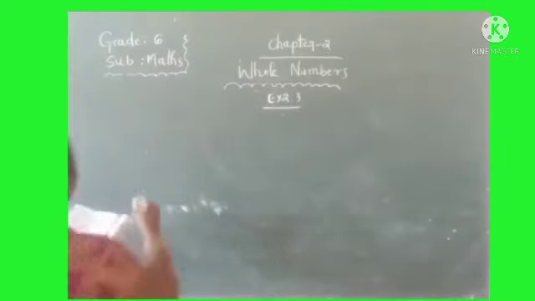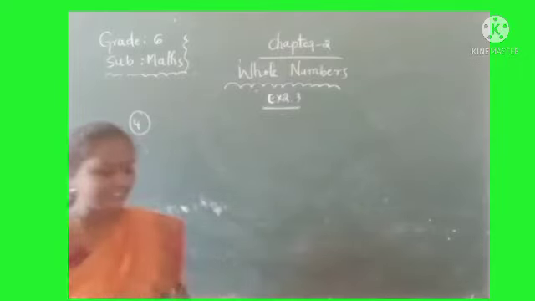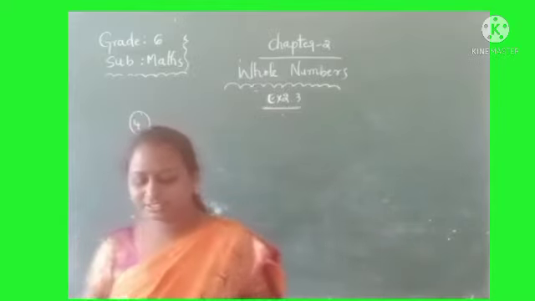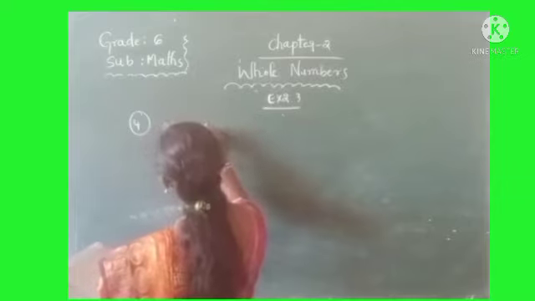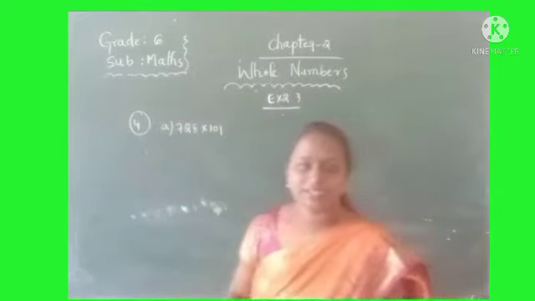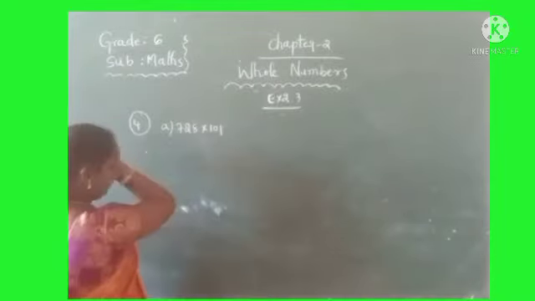Students, come to the fourth question here. Find using distributive property. That is the first one, A: 728 into 101. Okay, so we know the distributive property of multiplication over addition.